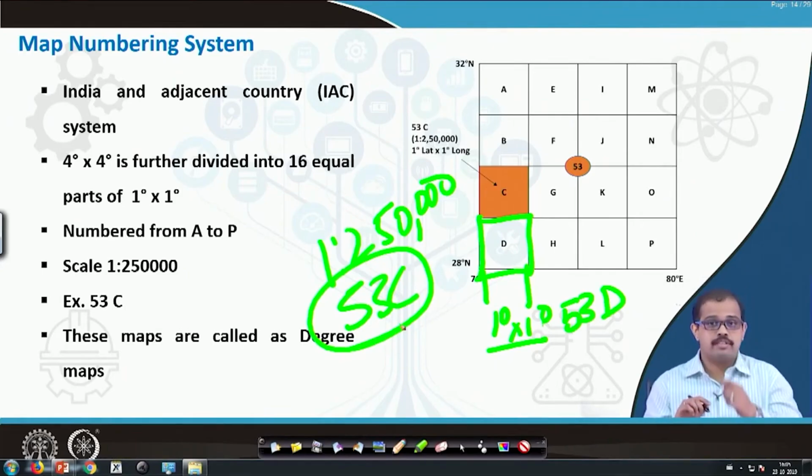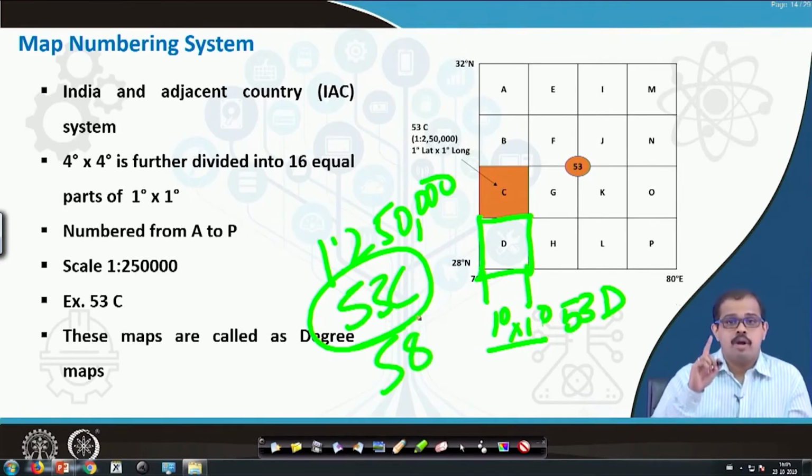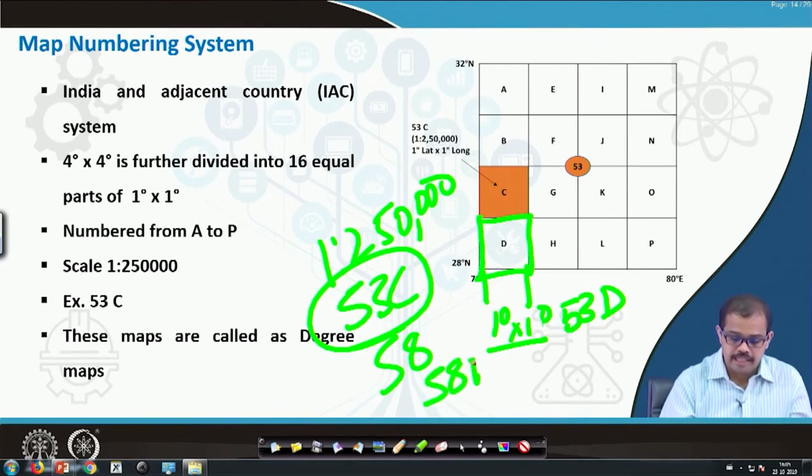That is how you can find out the scale. If someone is writing 58, it is representing a 1:1 million map. If someone is writing 58D, then he or she is representing a 1:250,000 map, that is, 1:250,000 is the scale. 58 is the map number, and 58D is something here. So A B C D E F G H I J K L M N O P. Now you have understood the 1:1 million and 1:250,000 maps.